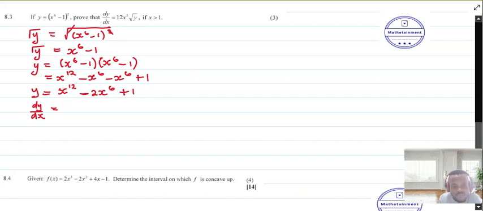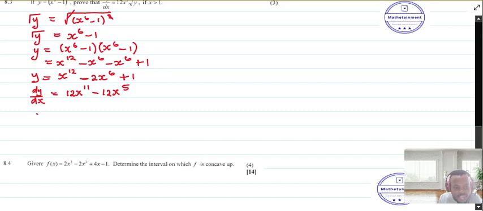So 12 times 1 becomes 12x, and on the exponent you subtract 1, you are remaining with 11, minus the exponent is 6, and the coefficient of x at this point is minus 2. So when you say minus 2 times 6, you get minus 12x, and then when you say 6 minus 1, you get 5. And when you are differentiating a constant, you get 0.